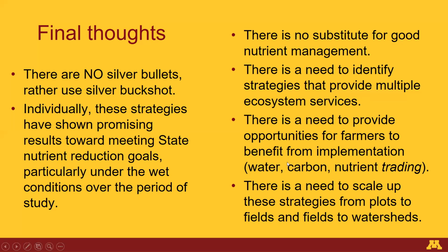Are there ways that we can look at water, carbon, and nutrient trading in order for farmers to benefit from the adoption of some of these practices? And then finally, from a research standpoint, we've done this work looking at a relatively small watershed, only about 300 acres. We really need to be scaling some of this work up, where we're integrating these practices from the plots in the fields to fields and watersheds.